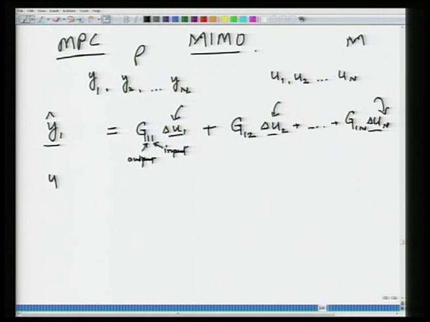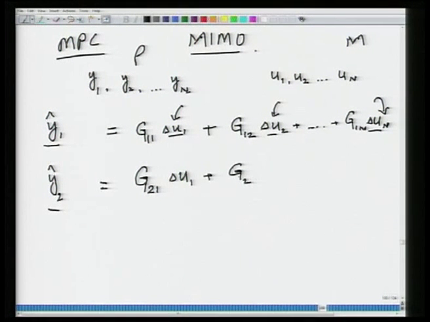Similarly, I will have y2 predicted over the prediction horizon would be dynamic matrix G effect on 2 of input 1 delta u1 plus G effect on 2 of input 2 delta u2 plus G effect on 2 of input n delta un, and so on and so forth. By the way, these are all matrices, just to clarify that.